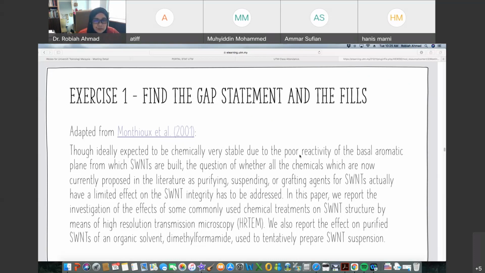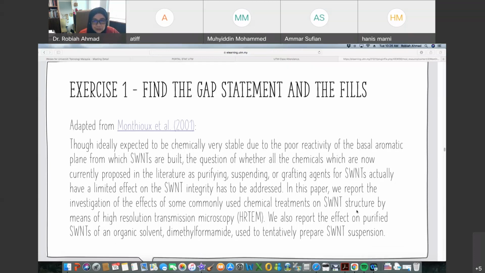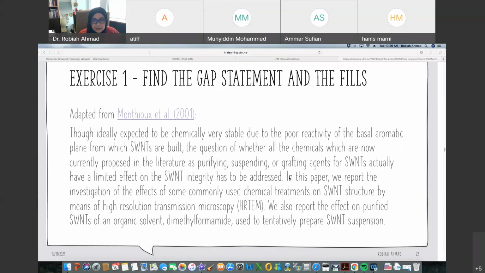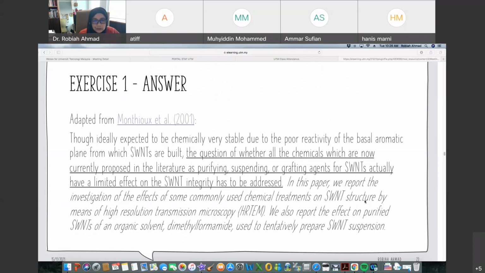Yeah, this one. Particularly, the question of whether all the chemicals which are currently proposed in the literature as purifying, suspending, or grafting agents for SWNTs actually have limited effect on the SWNT integrity has to be addressed. So what about the field? Lastly, in this paper, we report, okay, this one.